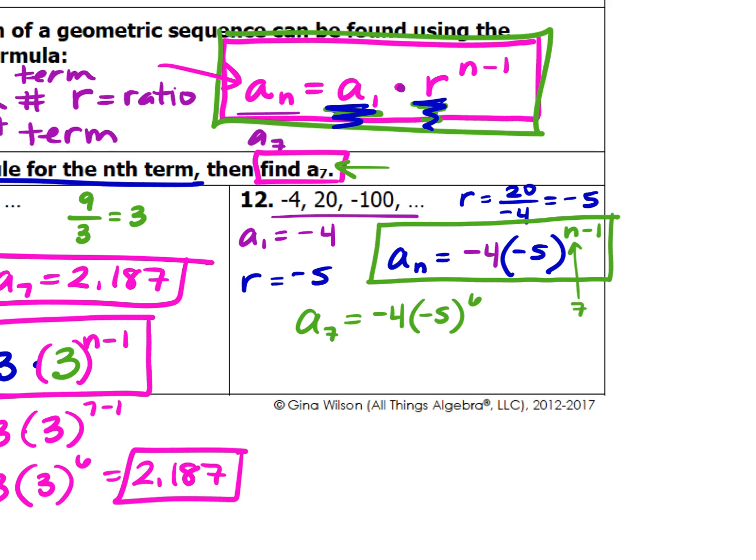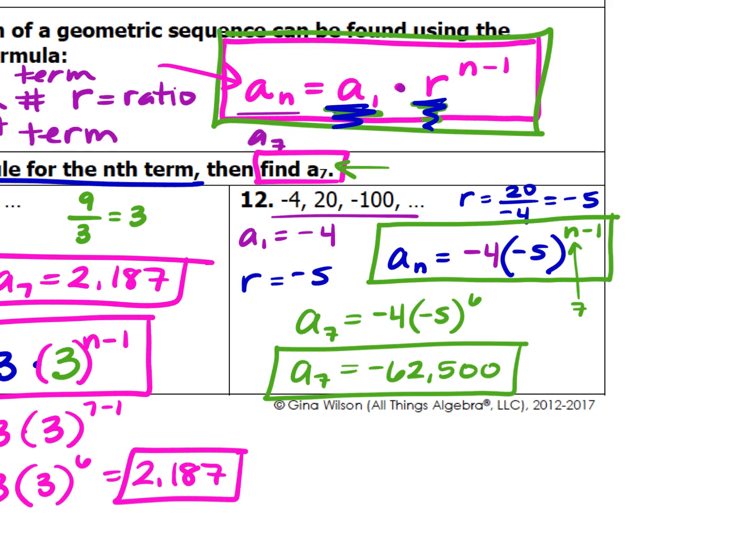Plug that into your calculator exactly how you see it. What is your 7th term? -62,500. Okay, so I want the rule with n as n, but I want the answer with the 7 plugged in for n. Does that make sense?